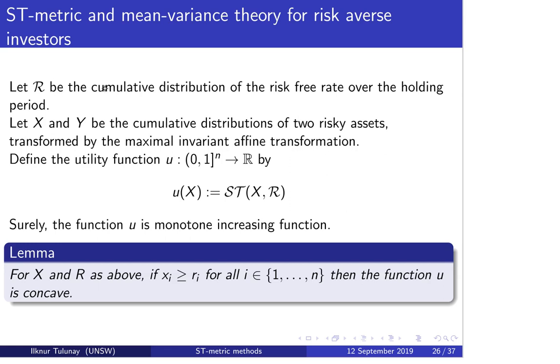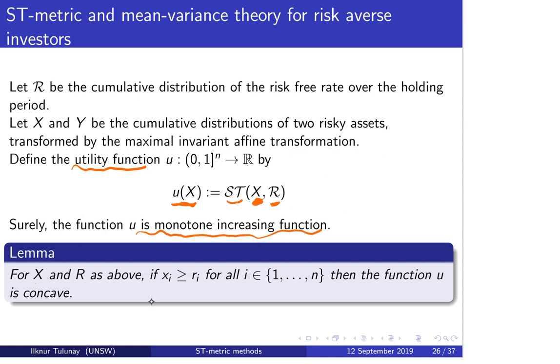If we take R as a cumulative distribution of the risk-free rate and define the utility function as the ST metric of your investment together with the risk-free rate, it gives you the utility function. And this utility function is monotone increasing for each R value.